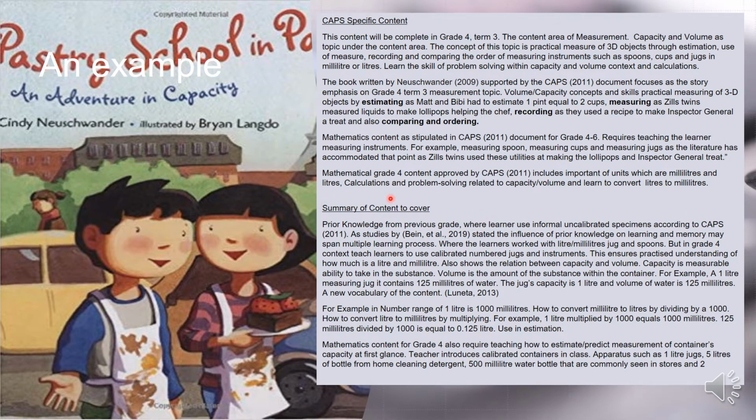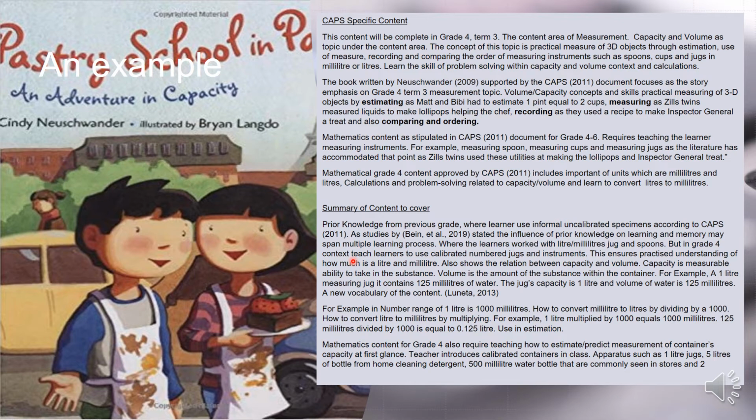Now, in summary of the contents to cover, you cover prior knowledge from the previous grade, where the learner is informally introduced into CAPS. Studies show that prior knowledge influences learning and memory.